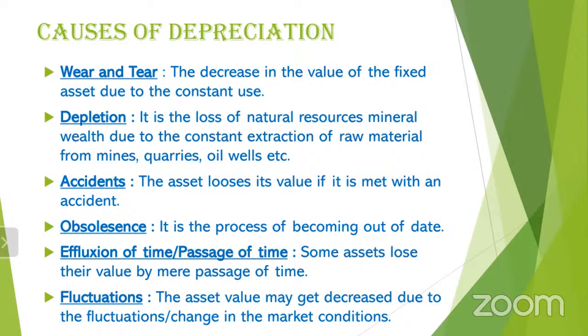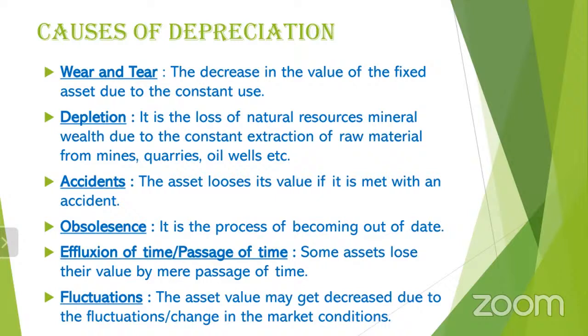It is not a gradual decrease but causes a permanent loss in asset value. If any accident is met, the asset will be completely lost. It is not like depreciation, a gradual decrease in the value of an asset.